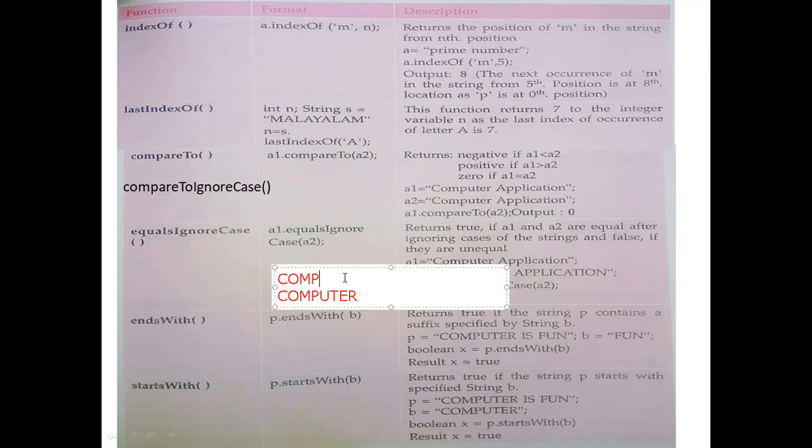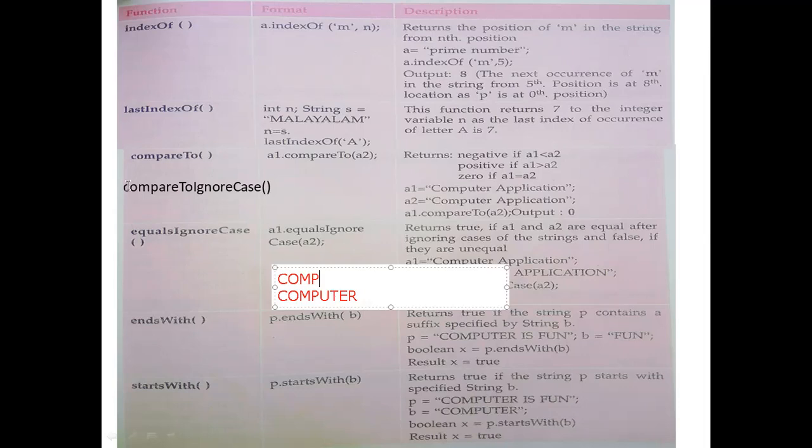It gives -4 as the answer. It has four characters less than the second one. Okay, sir. If they are exactly matching, 0. If the difference is there, where the difference has come, that ASCII difference is the output. That much you remember, that is enough for compareTo function.